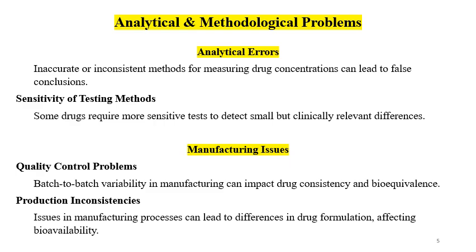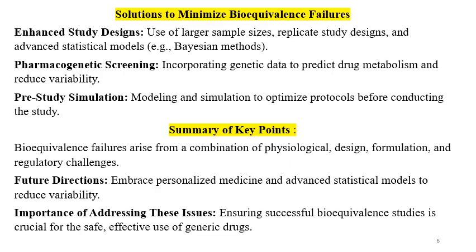Production inconsistencies: issues in manufacturing processes can lead to differences in drug formulation, affecting the bioavailability. Analytical and manufacturing errors or problems may have a much greater impact on the bioequivalence.